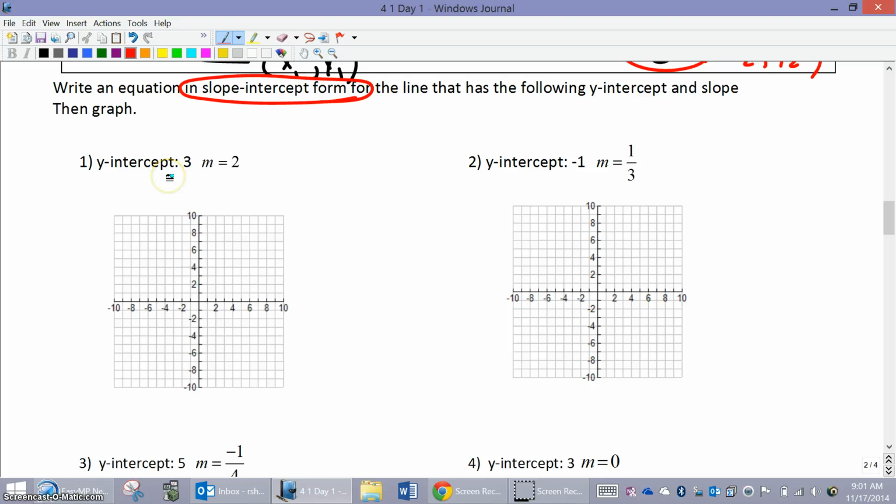A Y-intercept on a graph is just a very specific point, right? Remember when we graphed using X and Y-intercepts, what did we say the X-coordinate of the Y-intercept was? 0. Yeah. So when I ask you to write the equation or graph it using the Y-intercept and the slope in this particular case, I'm really just giving you a point and the slope.